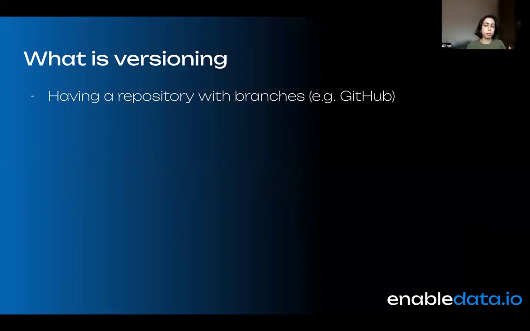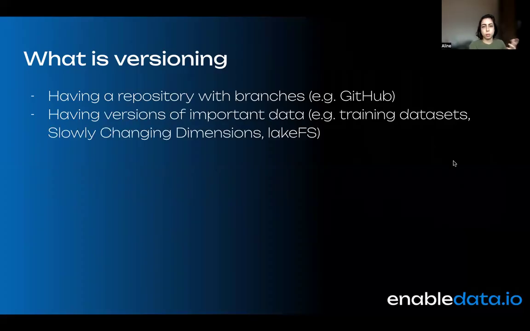So for example, GitHub, or I don't know, there are many others, but the goal here is to have your source of truth code, and then you will keep updating it with your feature branches. Having versions of important data, for example, training data sets for your models.